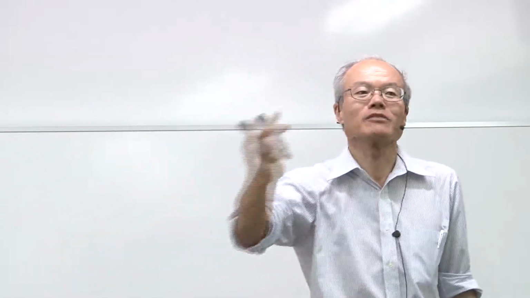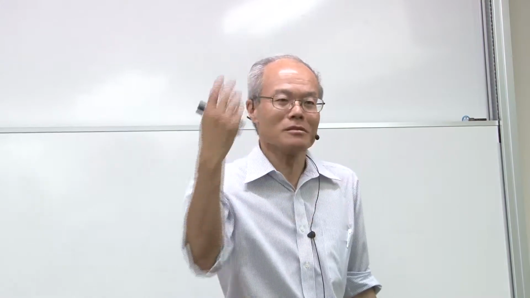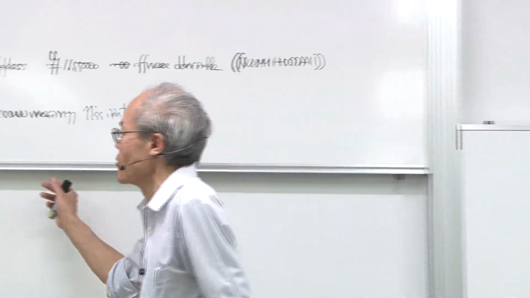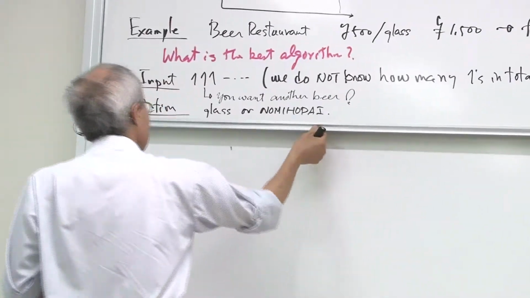But the restaurant would welcome you to change from a glass to 飲み放題 at any moment, by assuming that you would pay 1,500 for 飲み放題. So you can do that.